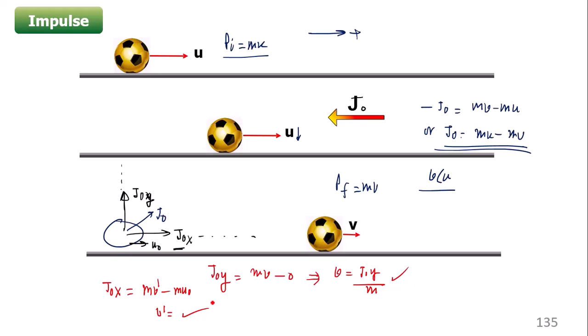Once I know v and v prime, I can get the net resultant velocity, let us say v double prime, which should be equal to the square root of v square plus v prime square. So in this way, I can calculate the velocity whenever I am applying the impulse in an angular direction.